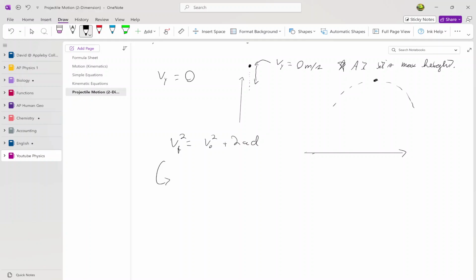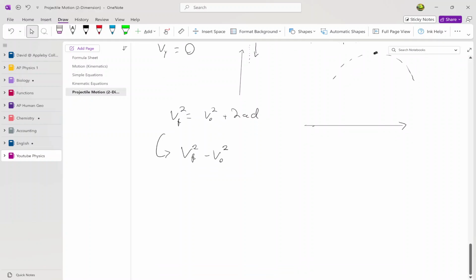So let's isolate here: v final squared minus v0 squared. I always like to keep it how it is, and then we divide by 2a. Here you go. And now the final step is to add the vertical component into everything. So this is where things can get messy.